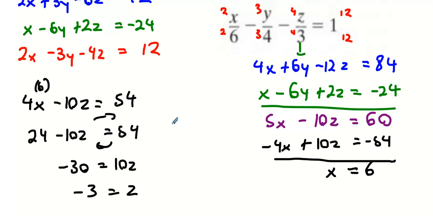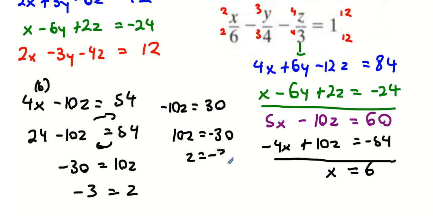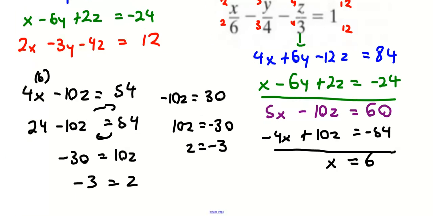If you want me to do it that way, it's -10z equals 54. Take 24 is 30. Multiply both sides by negative to get 10z equals -30. Divide by 10 and you get -3. Happy out? Yeah, so it has to be the same letters.